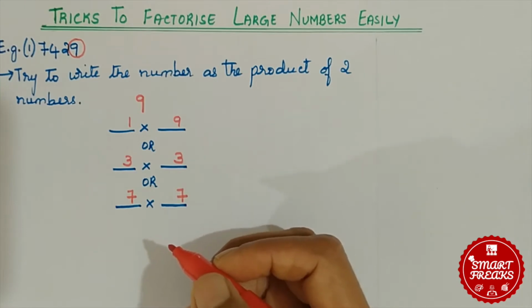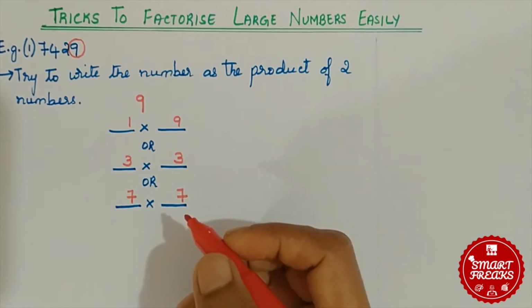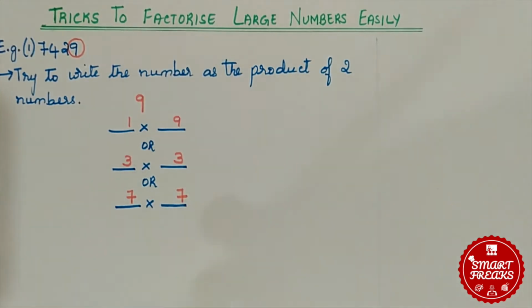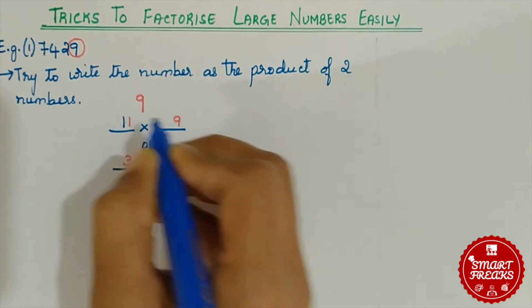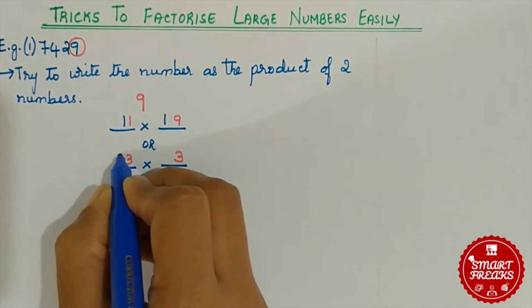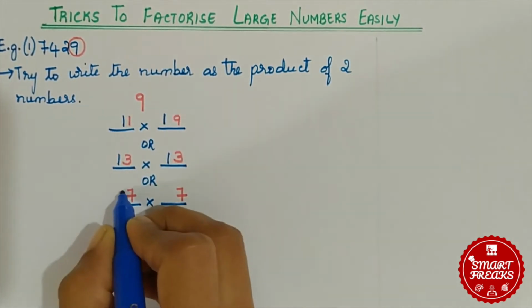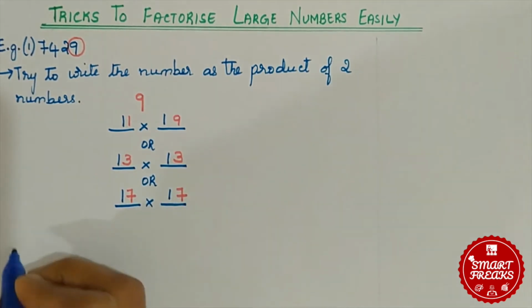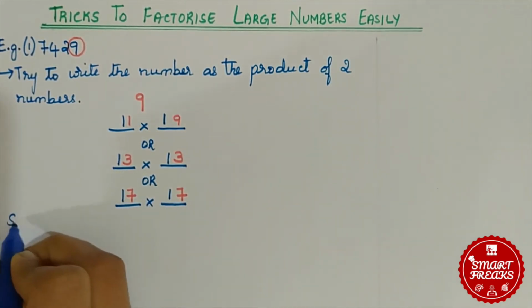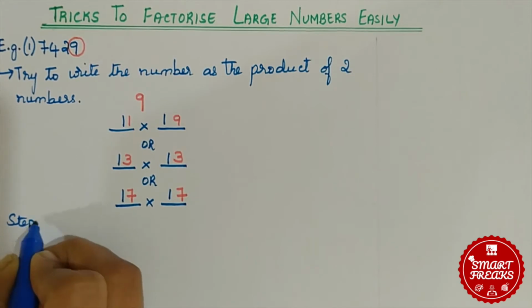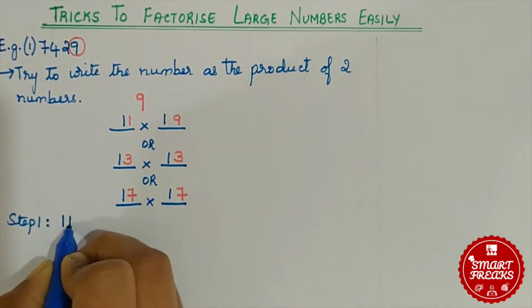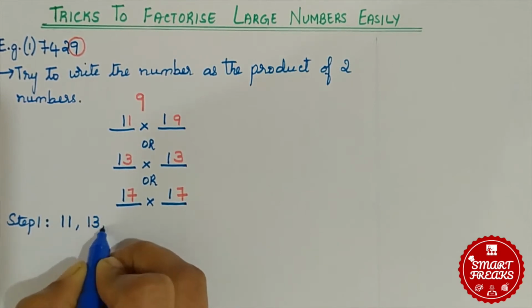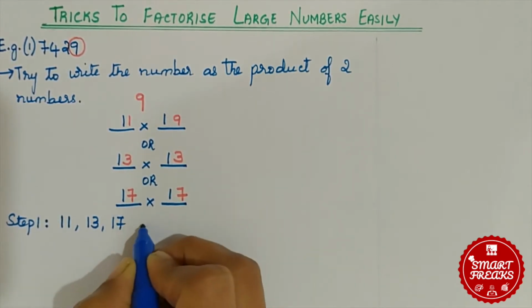Now, start putting natural numbers in its tens place. If we put 1, we get the numbers. So, this is step 1. We get the numbers 11, 13, 17 and 19.